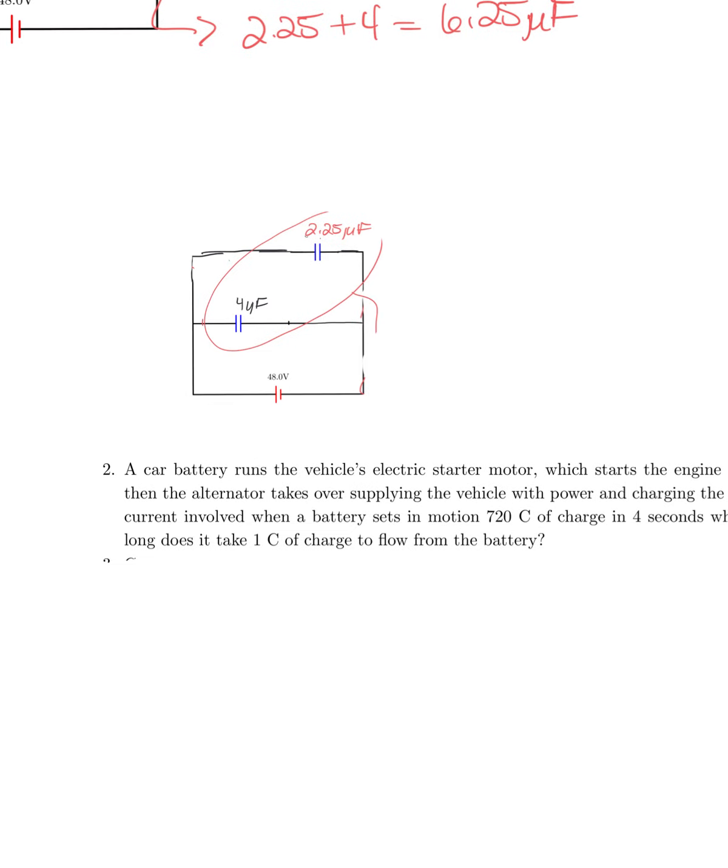Okay. Now we would only have one capacitor with a capacitance that is equivalent to all of those capacitors. And now we know the value that would be. It would be 6.25 microfarads.